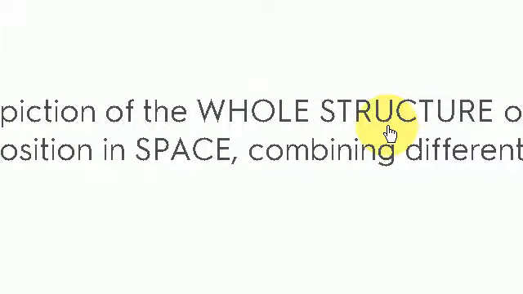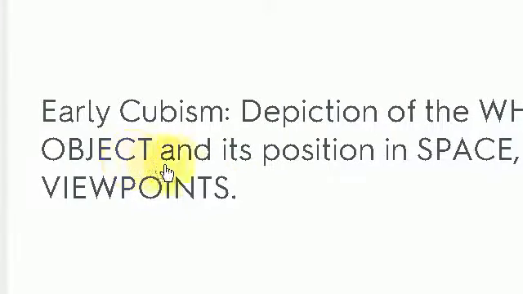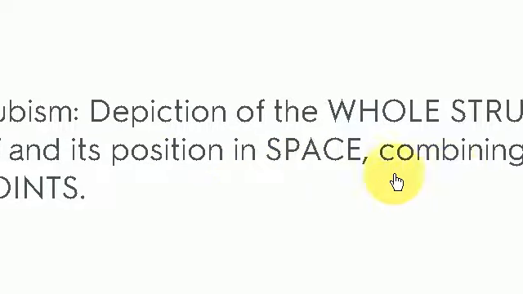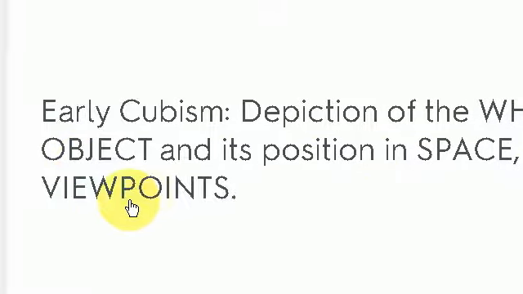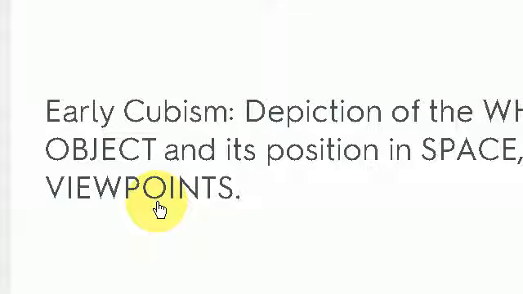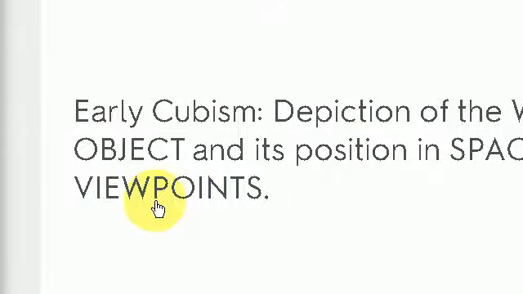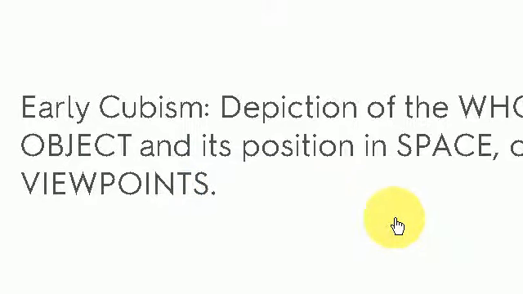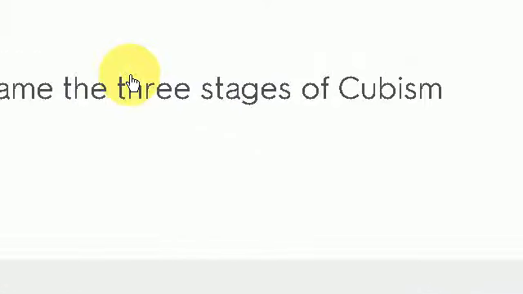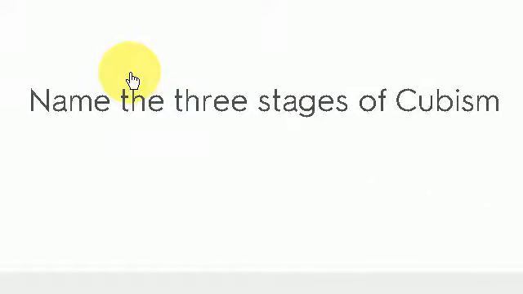Early cubism, depiction of the whole structure of the object and its position in space, combining different viewpoints. And notice how the keywords all in capitals are much easier to read and see. So I haven't learned that, I don't understand that, so I press study again and it continues on.